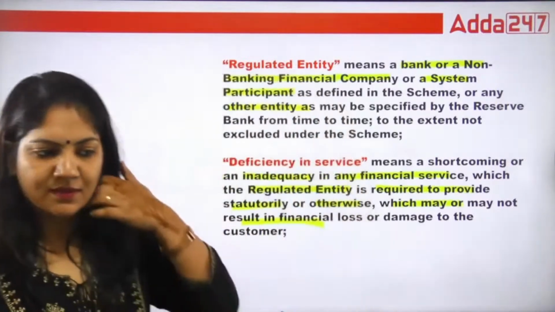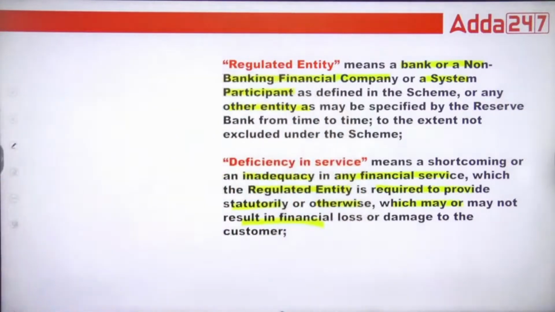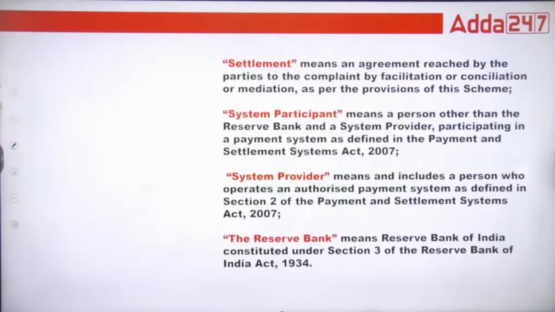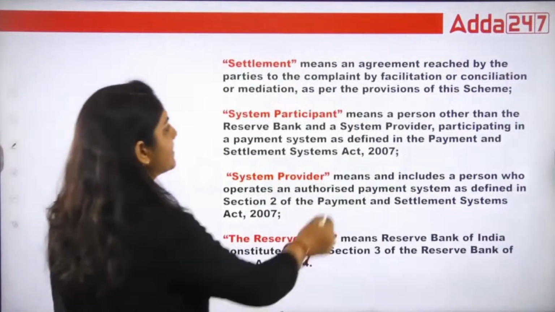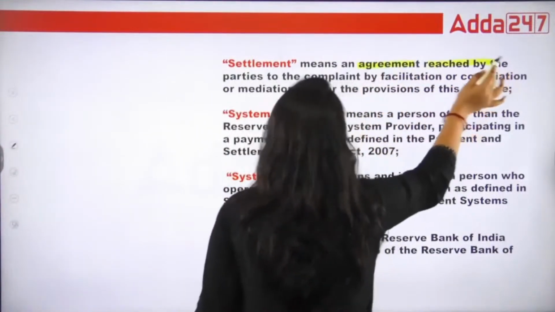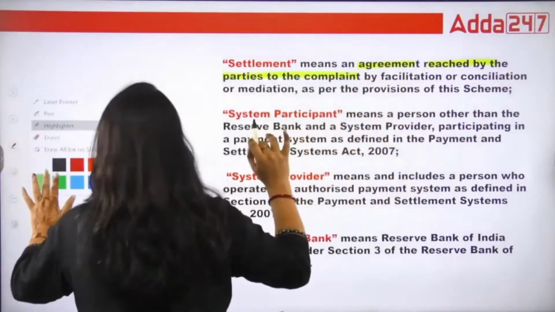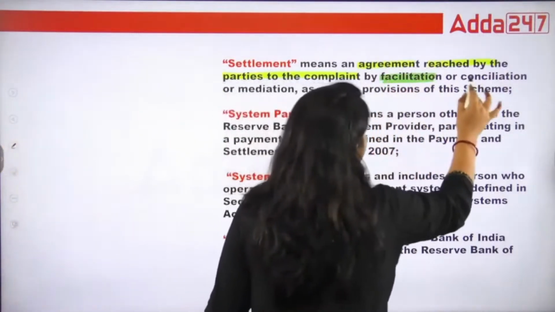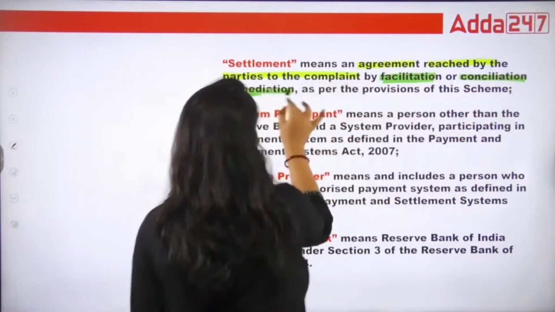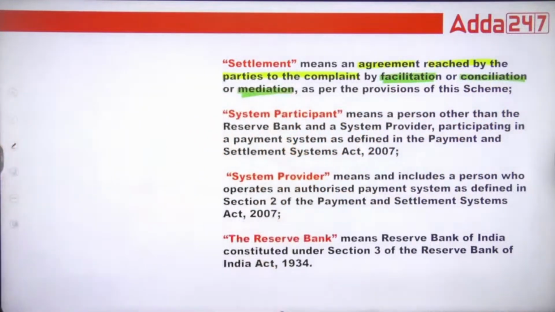That's it. This is deficiency in service. Done? What is settlement? Settlement means an agreement reached by the parties to the complaint by facilitation, conciliation, or mediation. See, three things.